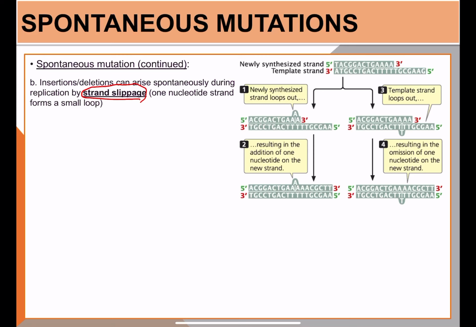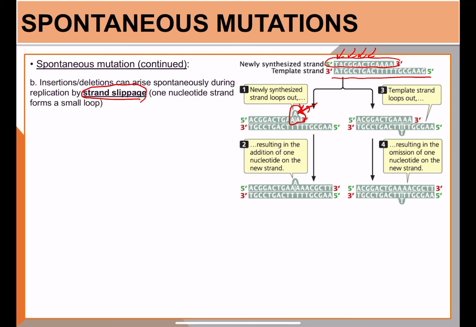So here you have your template strand of the DNA sequence, and this is DNA polymerase doing its job and synthesizing the newly synthesized strand. Let's say somehow, spontaneously, at random, there was a strand slippage on the newly synthesized strand. Now you have this A sticking out in the sequence.